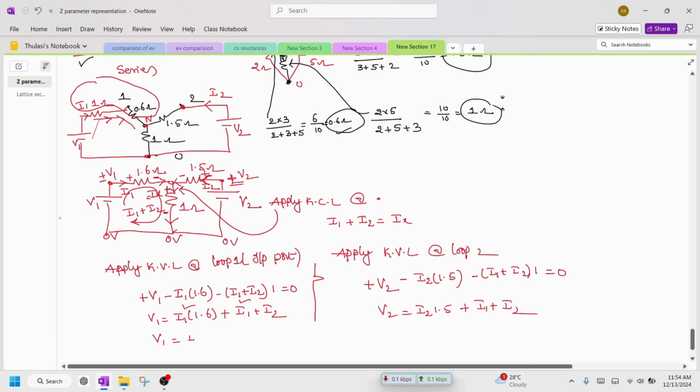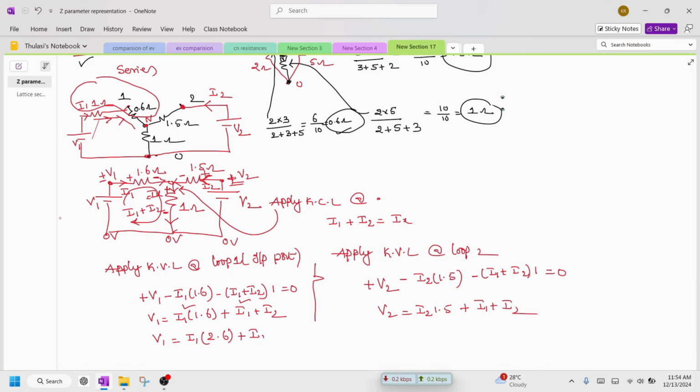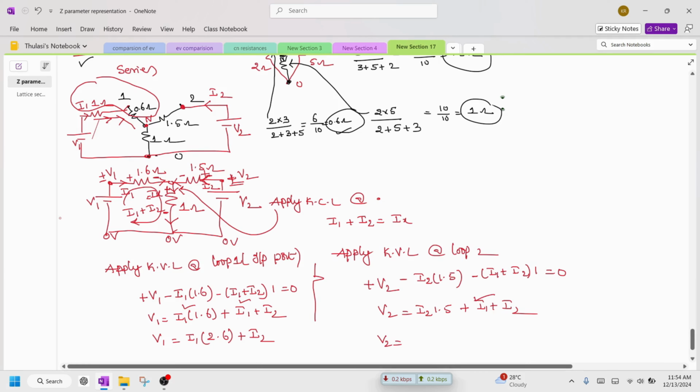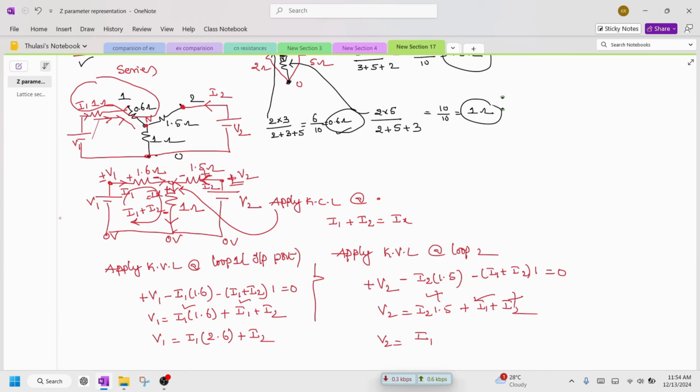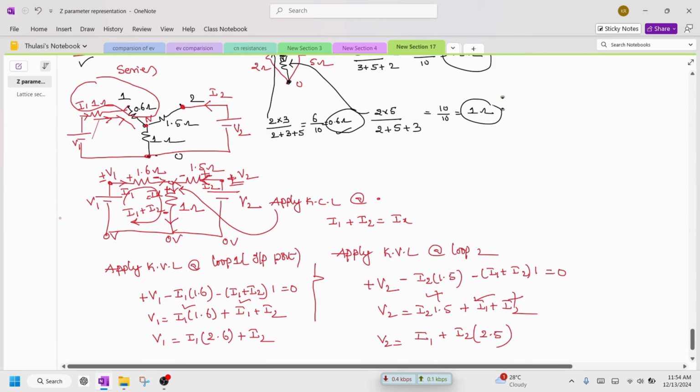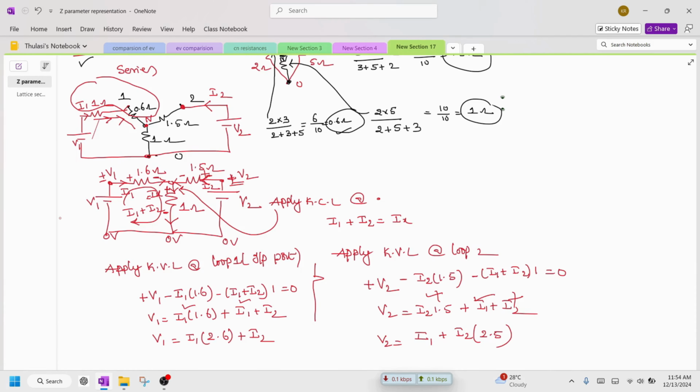V1 is equal to I1 into 1 plus 1.6, which is 2.6, plus I2. And V2 is equal to I1 plus, taking I2 as common, 1.5 plus 1, which is nothing but 2.5. Now we have to express this in a standard format.